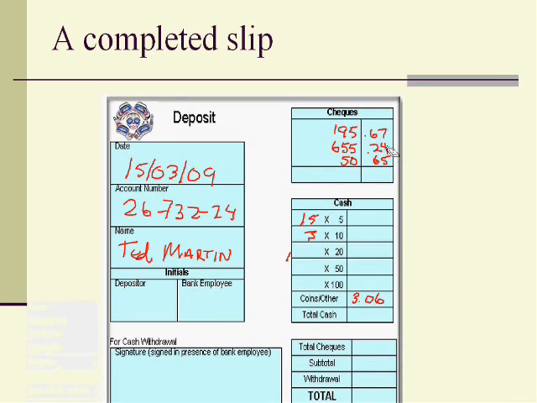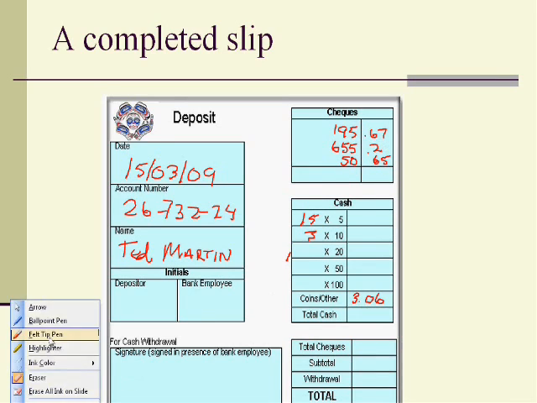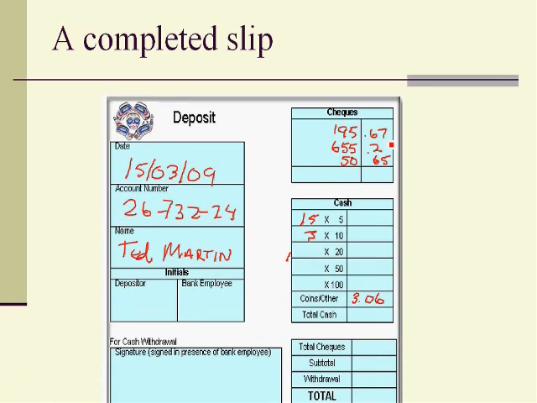So 15 times 5 is $75. 3 times 10 is $30. So my total here is going to be $108.06. My total for my checks, well, I'm going to need a calculator for that.